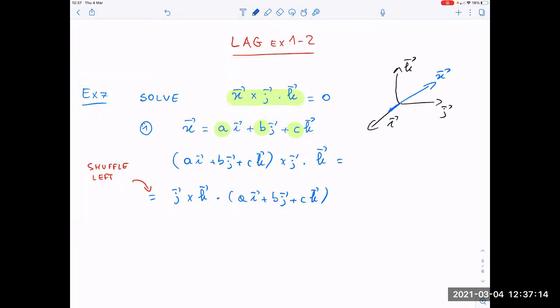So you get a component parallel to I, a component parallel to J, a component parallel to K. How do you find this component? Well, that's another part of the story that we can also discuss if you want, okay? And so I decide to represent it in that way, okay?